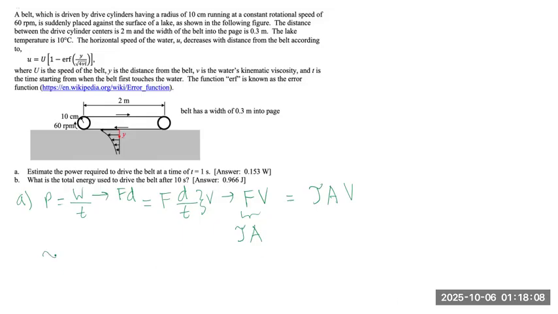So for Newtonian fluids, tau, the shear stress, is equal to mu times du over dy. This is known as the gradient. And mu is known as the viscosity, so over here it's equal to v times du over dy.